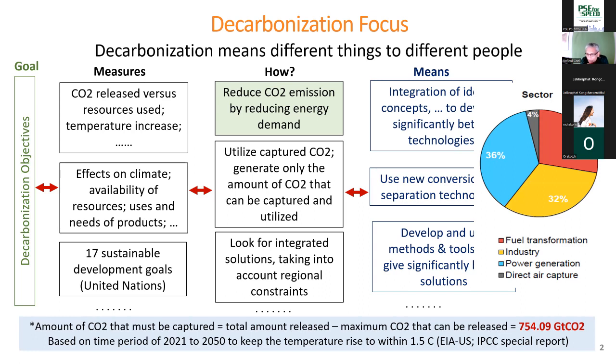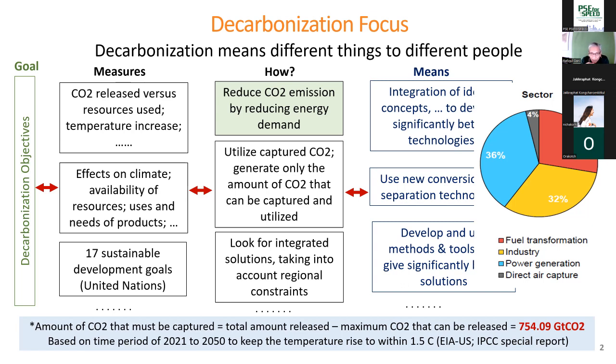Out of this, as you can see from the chart, 32% needs to be captured if we want to keep the CO2 level at the level that we want. So out of the 754 gigatons of CO2, 32% needs to be reduced by industry. So industry do have a responsibility to reduce the CO2 emissions.